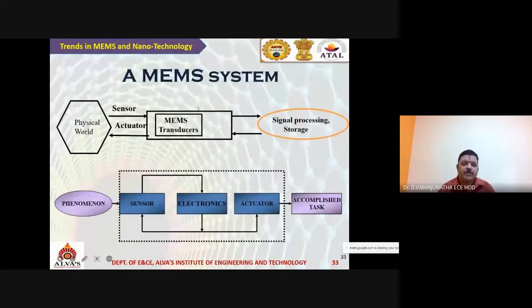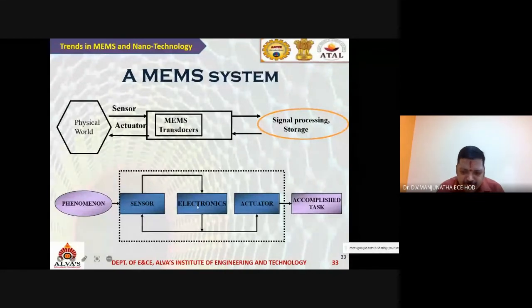When it comes to a MEMS system, the physical world is sensed by the sensor and given to MEMS transducers. Signal processing happens electronically and it is given to the actuator to accomplish the task, right? Sensor, electronics, actuator. These are the three things which will be there in MEMS devices, right?